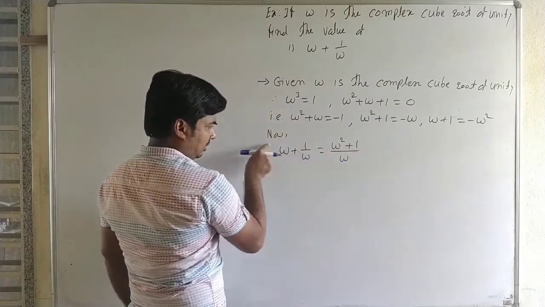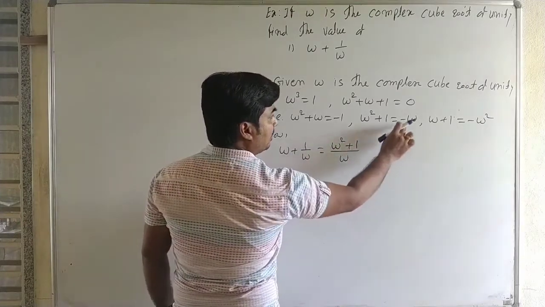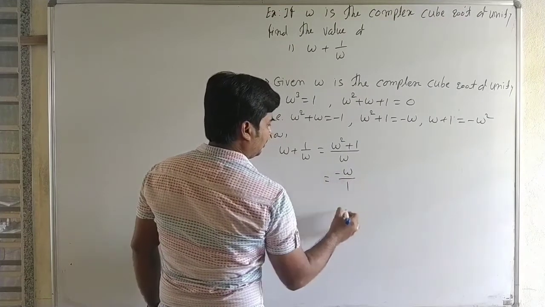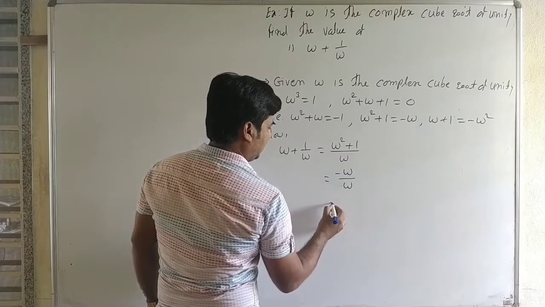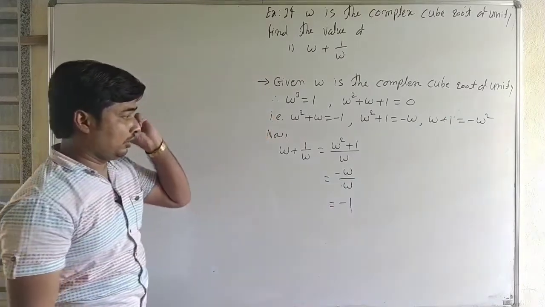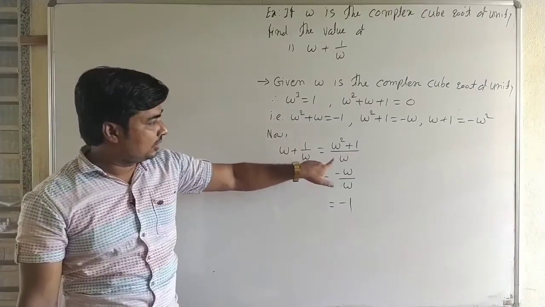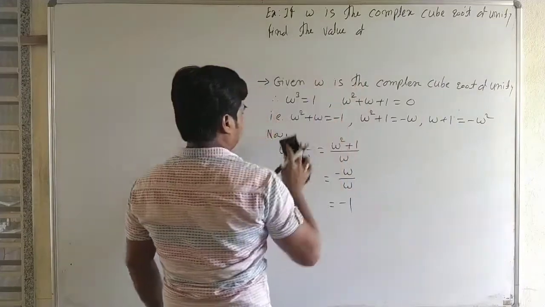Then omega square plus 1 is minus omega, upon omega, and therefore it is minus 1. Therefore the first example, omega plus 1 upon omega, is minus 1. Now we get the second.